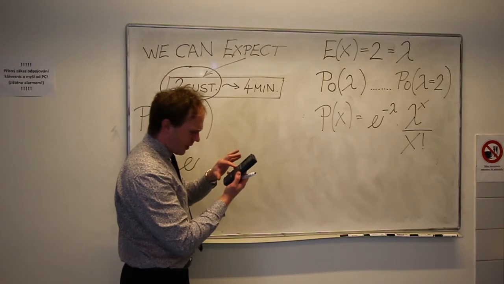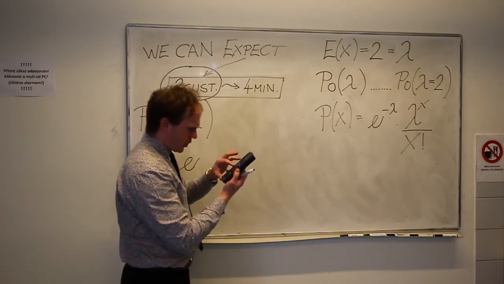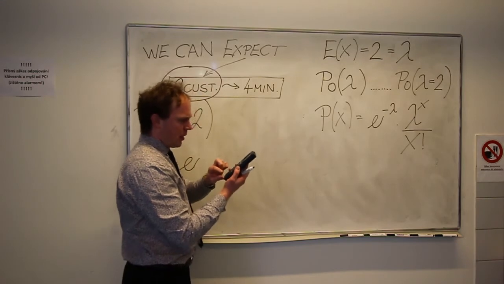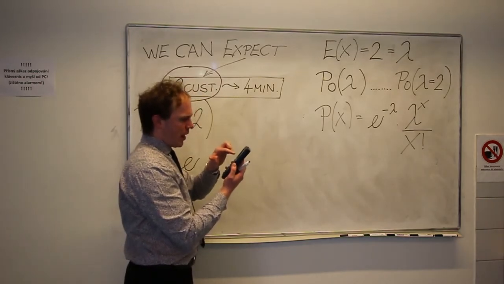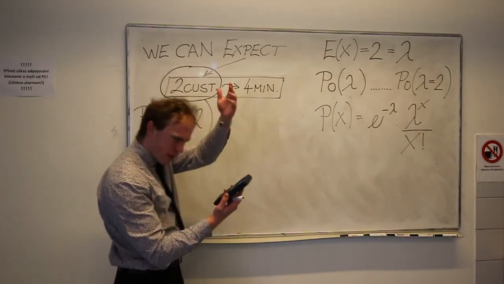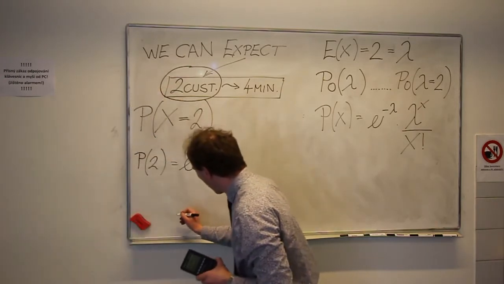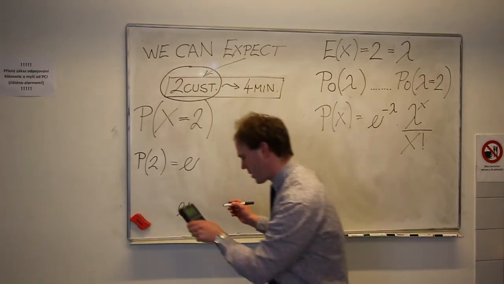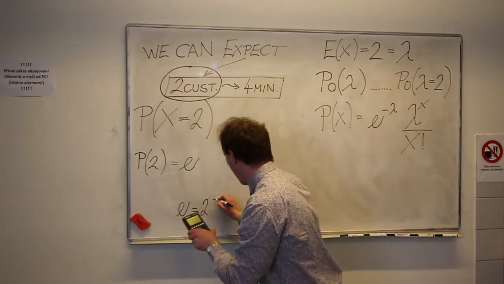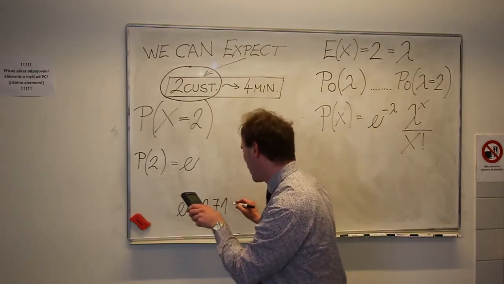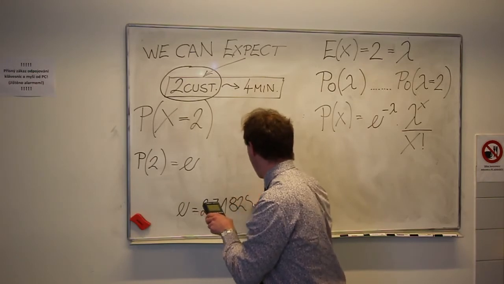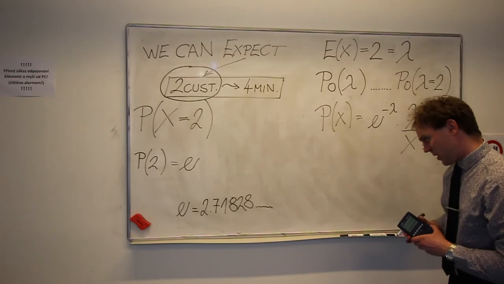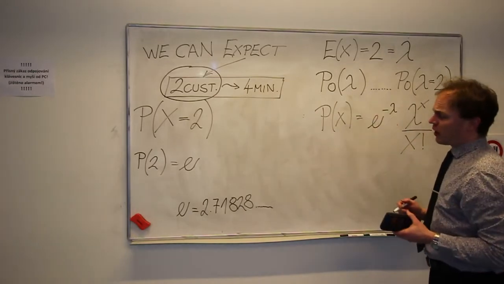E is here, so I will write E, 2.71828, a lot of decimal places, yes? So this is Euler constant.